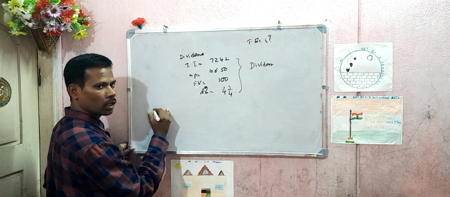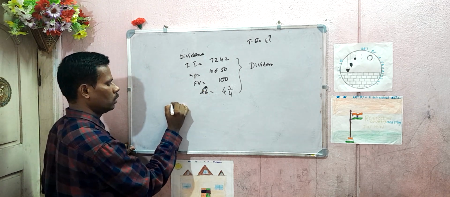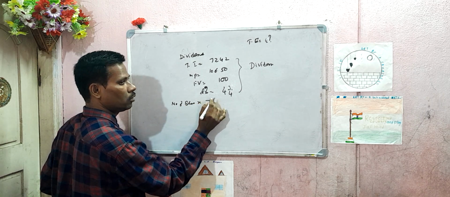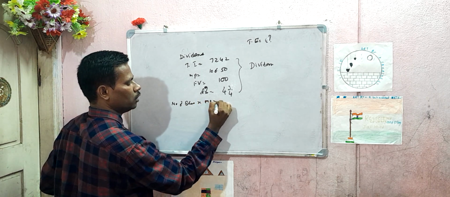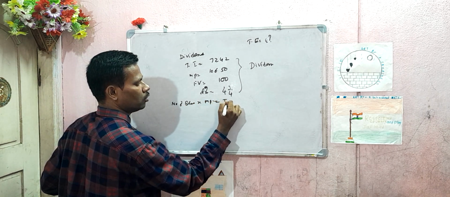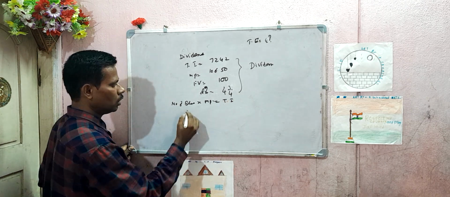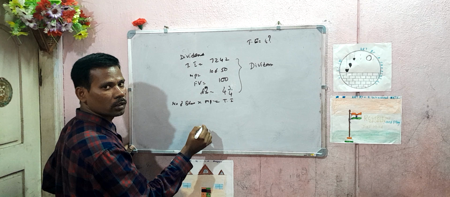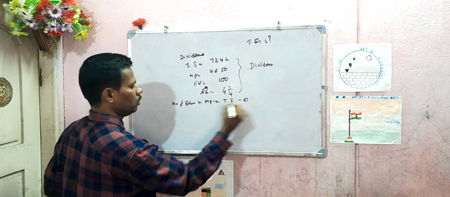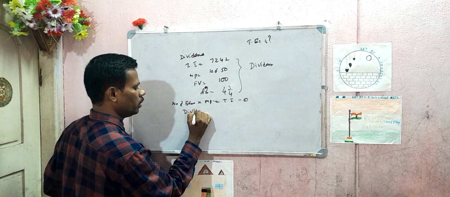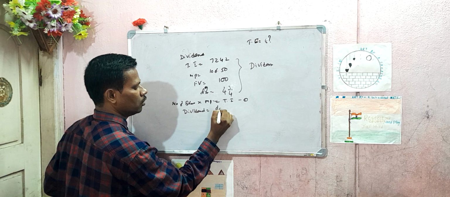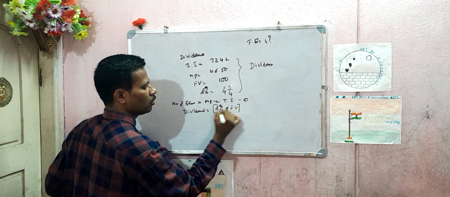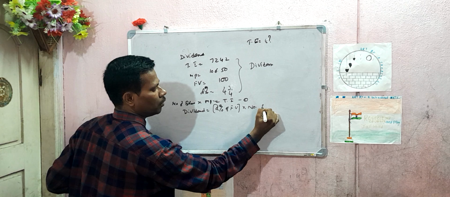Again, recap the formula. Number of shares into market price is equal to total investment. Do we know the number of shares? We don't know. Leave it. Mark this as 1. Dividend is equal to dividend percentage of face value into number of shares.